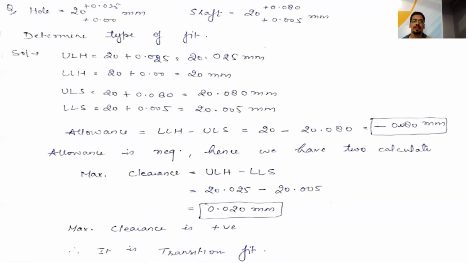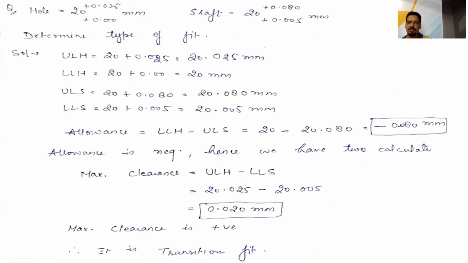Next is a question related to the assembly of a hole and shaft having a basic dimension of 20, and the tolerances are provided to you. You have to determine the type of fit for this assembly. For determining the type of fit, we first have to determine the allowance.